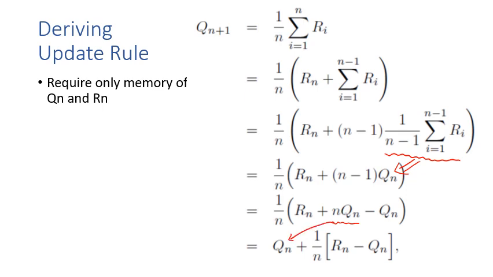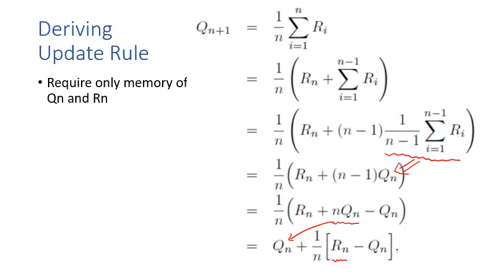So actually we find a perfect recursive relationship between Qn plus 1 and Qn. Whenever we do a trial, we only need to recall the previous value Qn and calculate the difference with the new reward Rn, and divide it by the number of time steps.